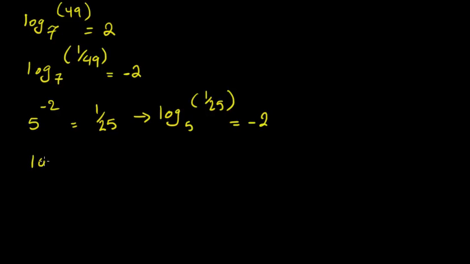What if we have 10 to the second power? This is again a perfect square, and we know that the logarithm for that is log base 10 of 100 equals 2. And let's say now we have a logarithm and we are asked to write it in exponential form.